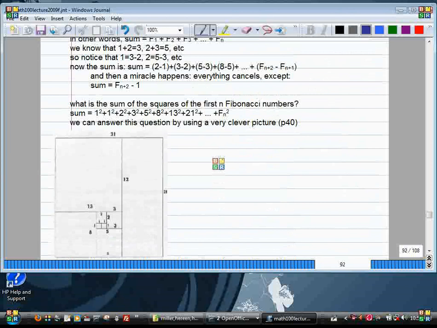What does this picture show? It's not just the Fibonacci numbers. What is it?